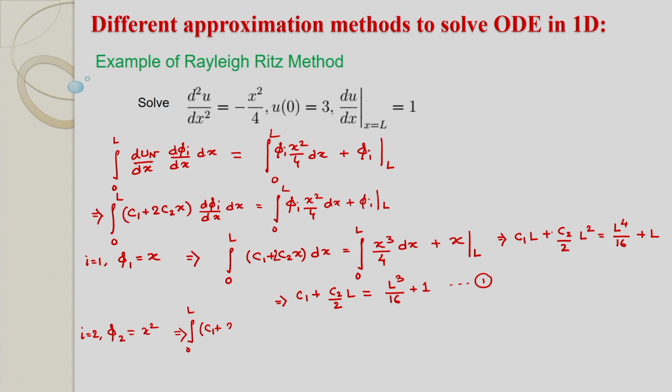So this 2 will be there, which will cancel. Now d phi 2 dx is 2x. This will be x to the power 4 by 4.